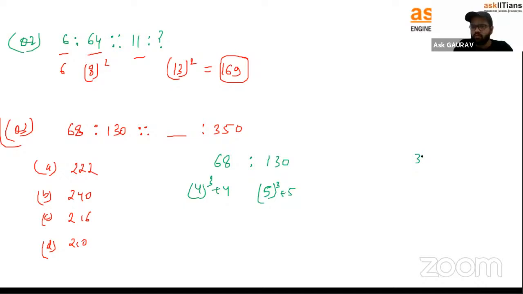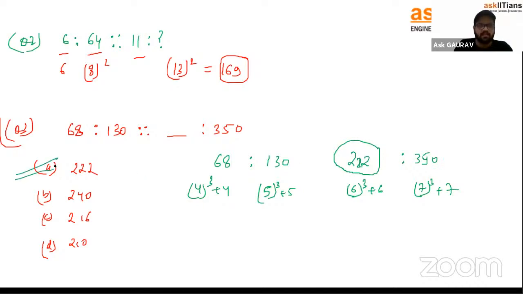Similarly 350 is 7 cube plus 7. Then 7 minus 1 is 6, so 6 cube plus 6. 6 cube is 216. 216 plus 6 is 222. 222 will be the right answer. A is the right answer. Okay, guys?